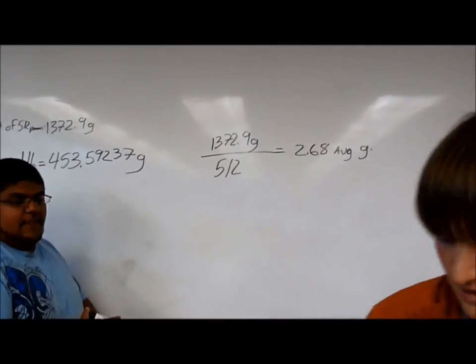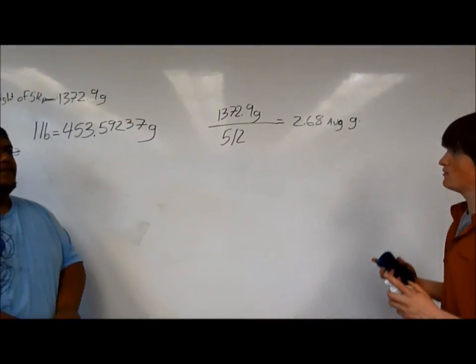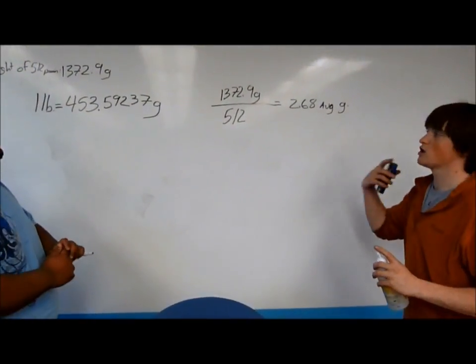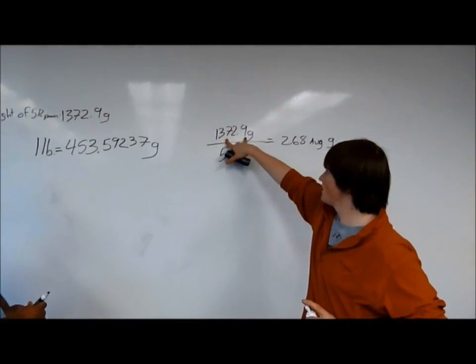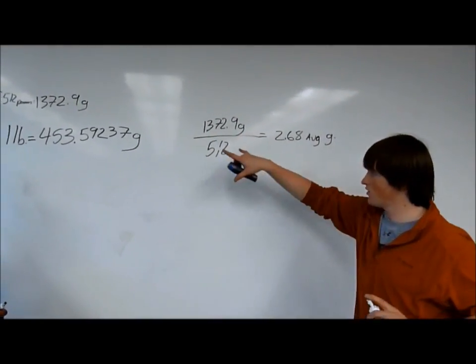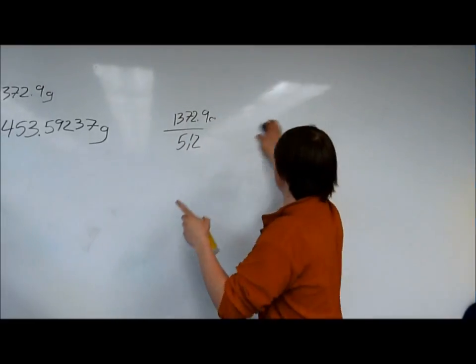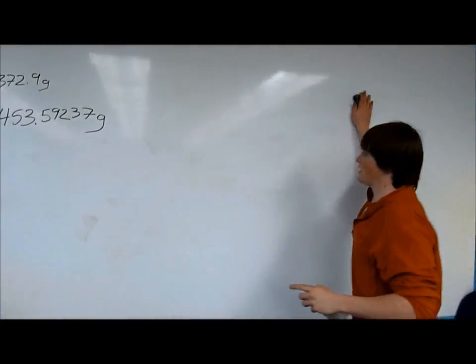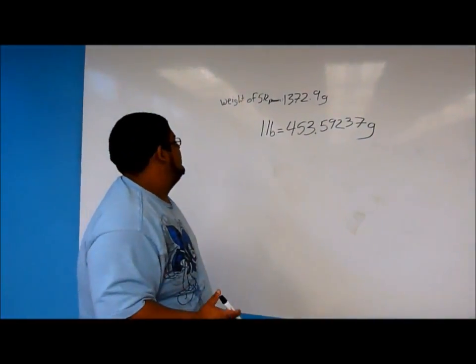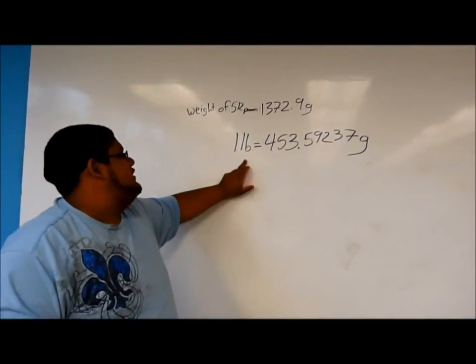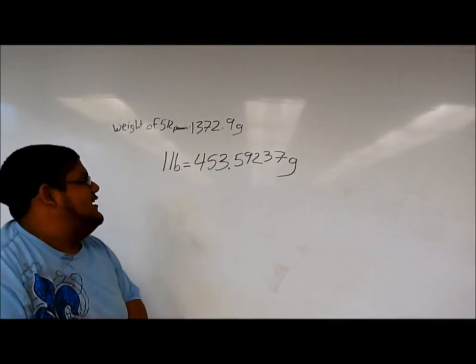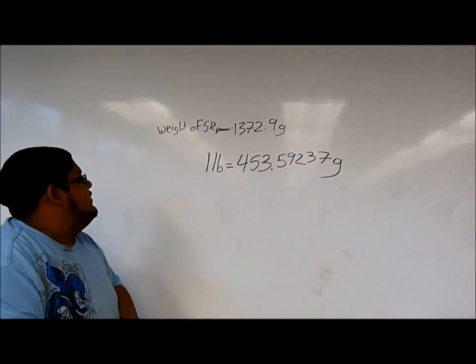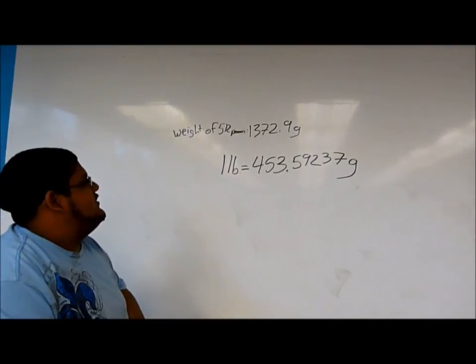For the next part of the experiment, we want to convert this 1,372.9 grams of all our pennies into pounds, which Josh is going to do. Alright, since we have the conversion that 1 pound equals 453.59237 grams, we can easily convert the weight of the 512 pennies.